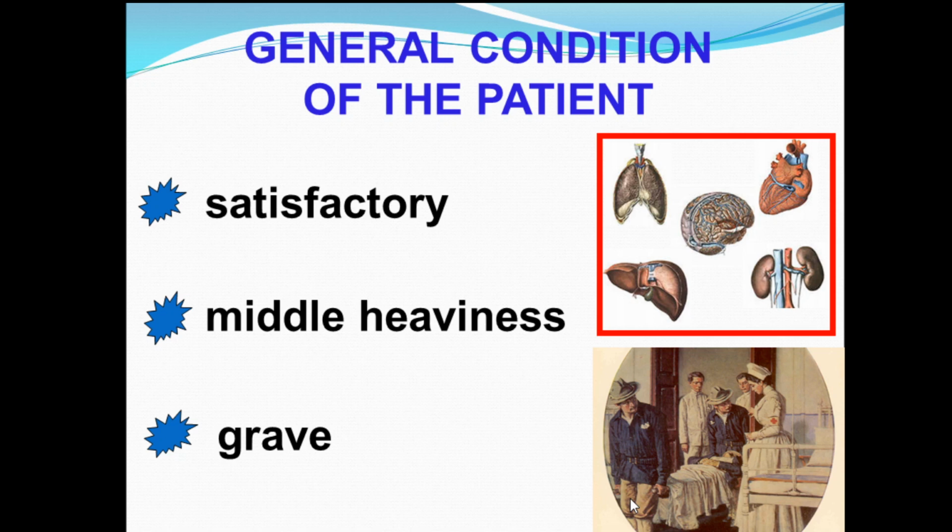A middle heaviness patient is hospitalized in usual somatic departments, depending on the main disease, and a patient with satisfactory condition may be treated at home under control of the ambulance doctor.